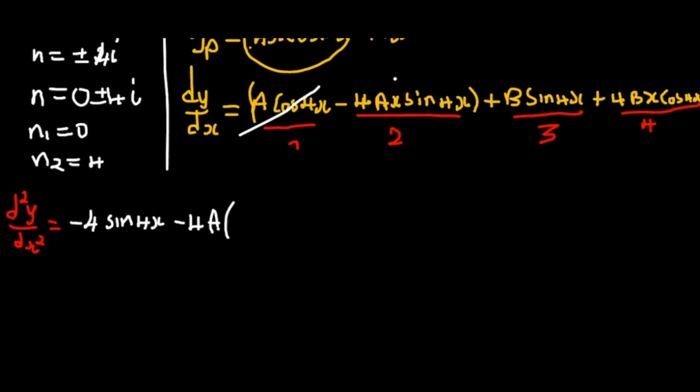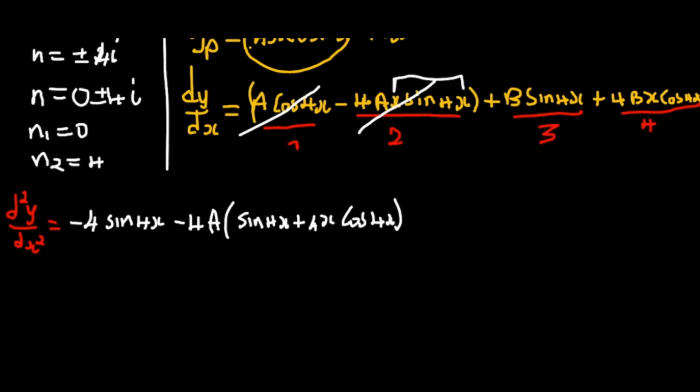Keeping sine 4x constant and differentiating x, we simply get 1, so we have sine 4x, now plus, keeping x constant and differentiating sine 4x, it will be 4x cos 4x.